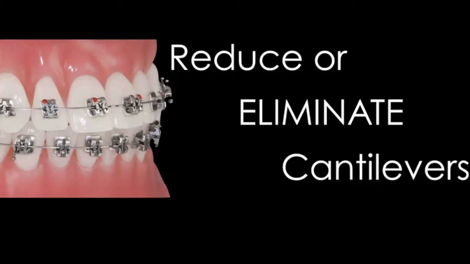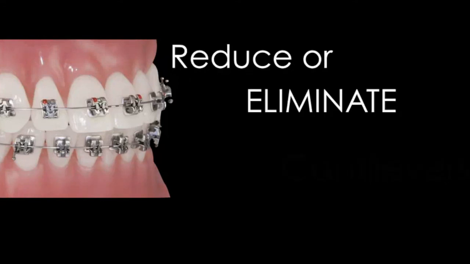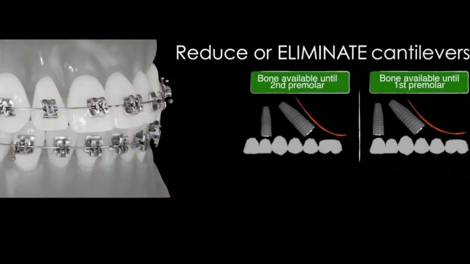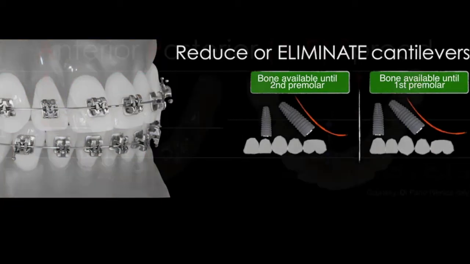If you have cantilevers that are very long because you have to place those implants way in the front, if you eliminate one of those teeth and now you're placing your implant not on a premolar position but on a molar position, or instead of putting it on a first premolar position, you're doing it on a second premolar position, your cantilevers get shortened and the success of your restoration is even greater.